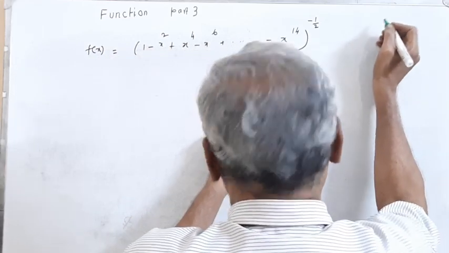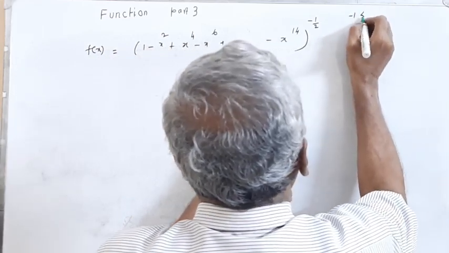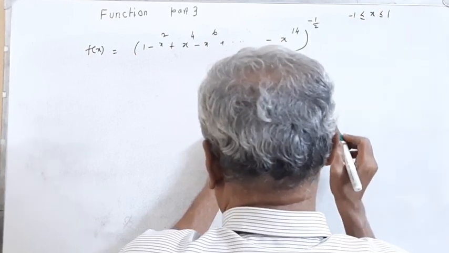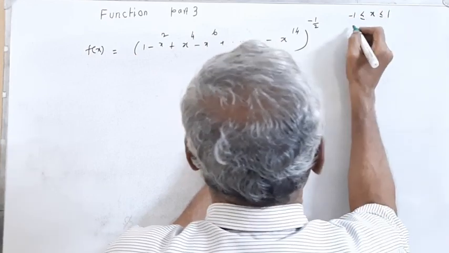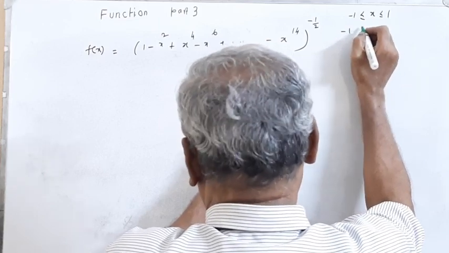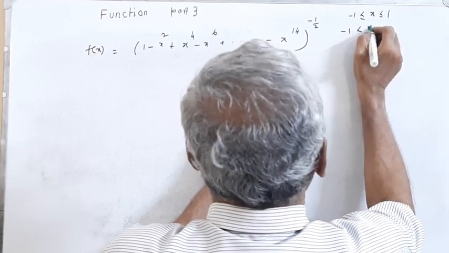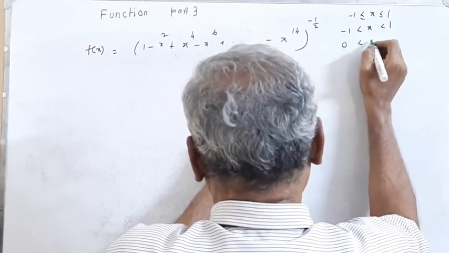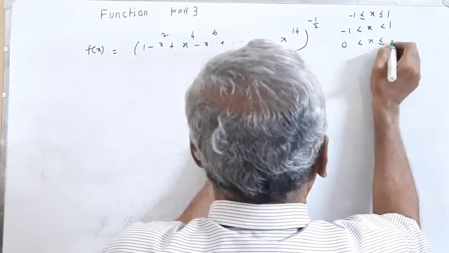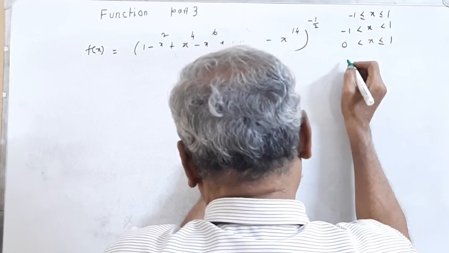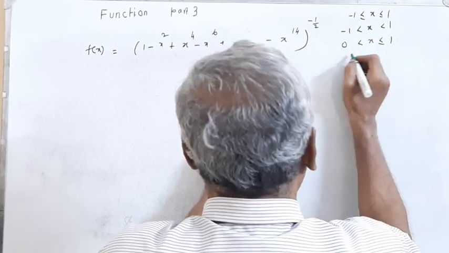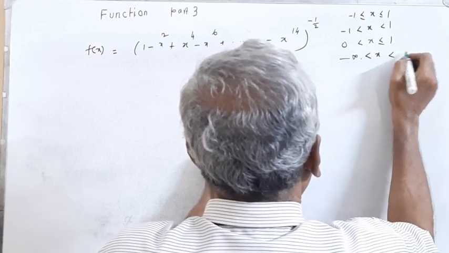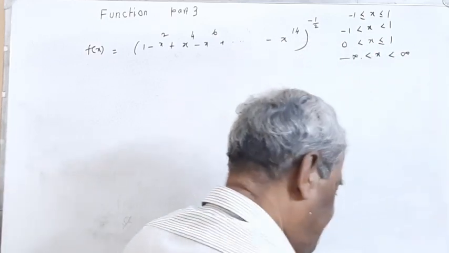Options: minus 1 to 1, minus 1 less than x less than 1, 0 less than x less than or equal to 1, and minus infinity less than x less than plus infinity.